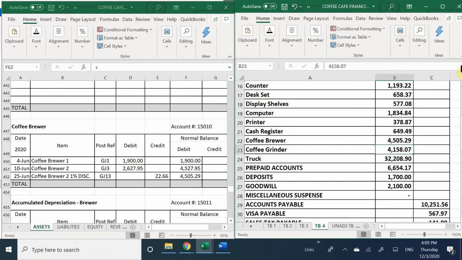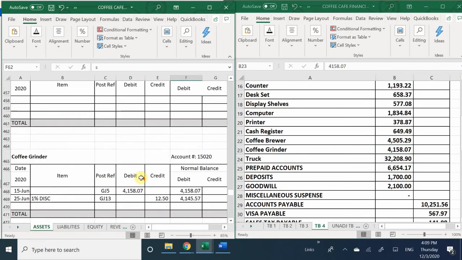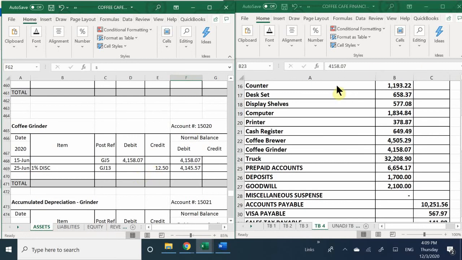And then what about our coffee grinder? Yes, that should have changed. Now it is $4,145.57. Okay.